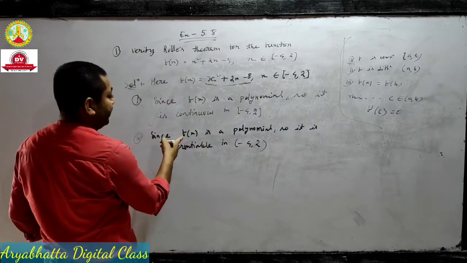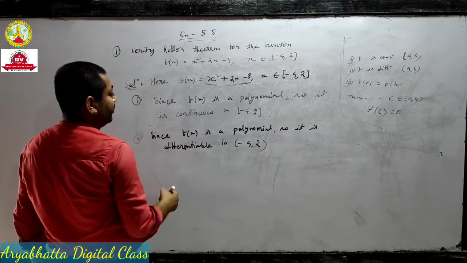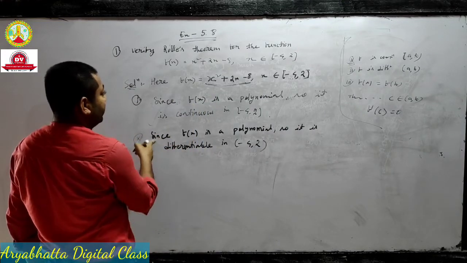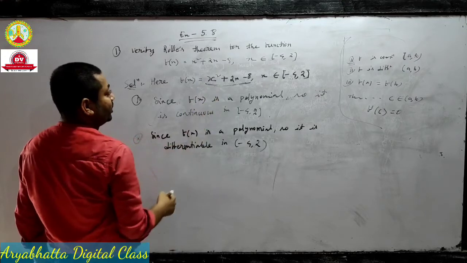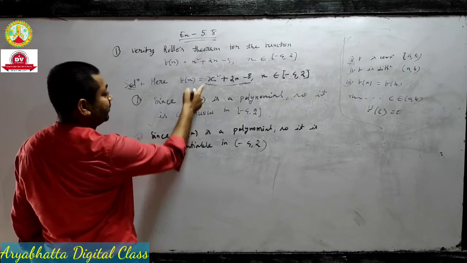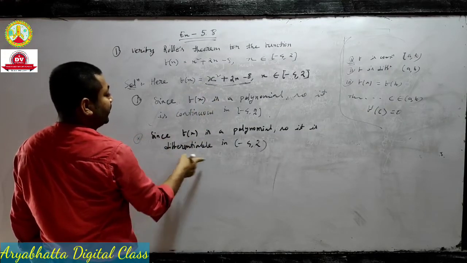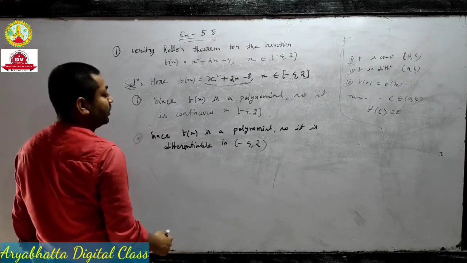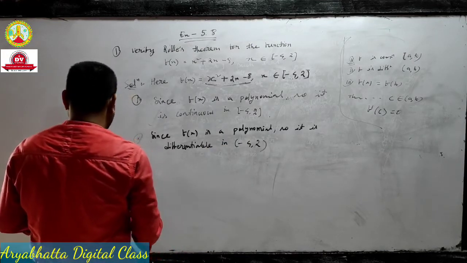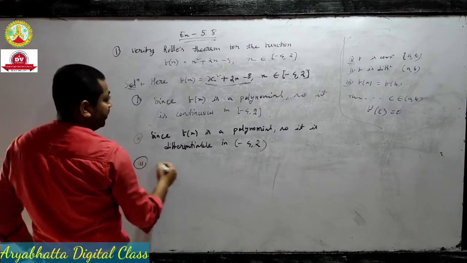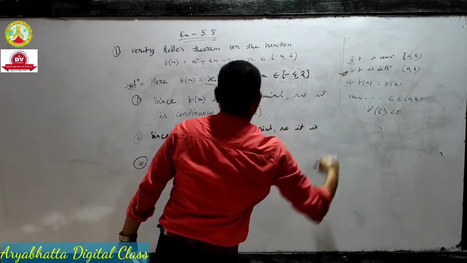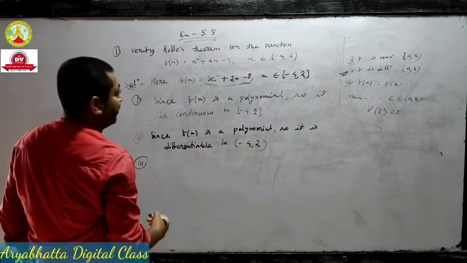We know that a polynomial function is differentiable. Here f of x is equal to x square plus 2x minus 8. Therefore, this function is a polynomial. Therefore, it is differentiable in open interval minus 4 comma 2. Number 2 exists.